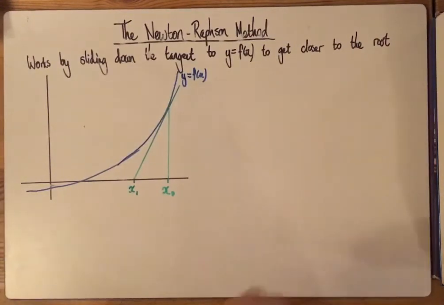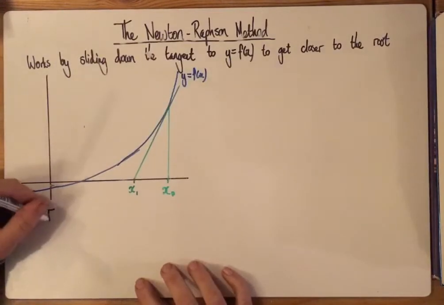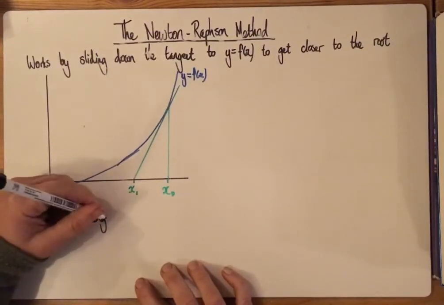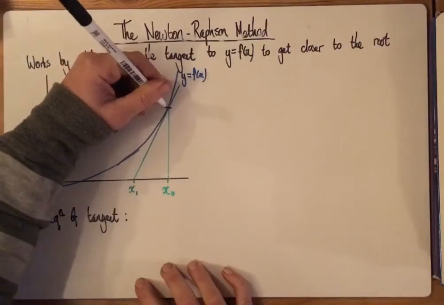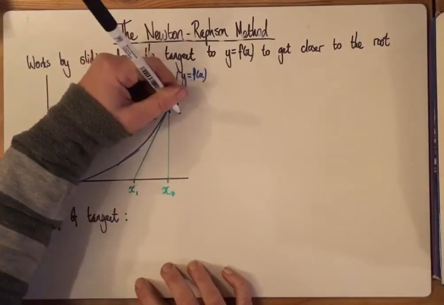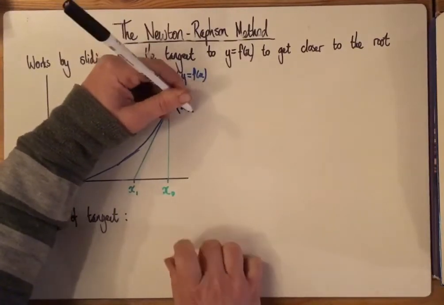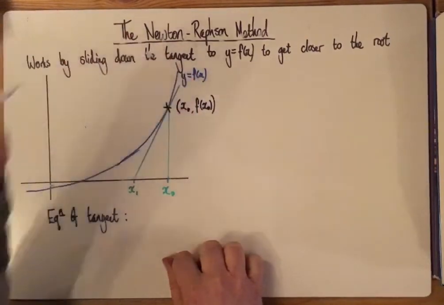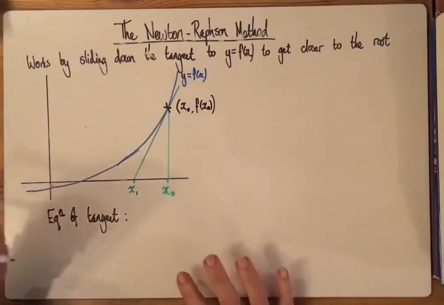So we need to find the equation of the tangent. So a point on the curve, or a point on the tangent even, has coordinates x0, f of x0, which is what you get when you put x0 into f of x.